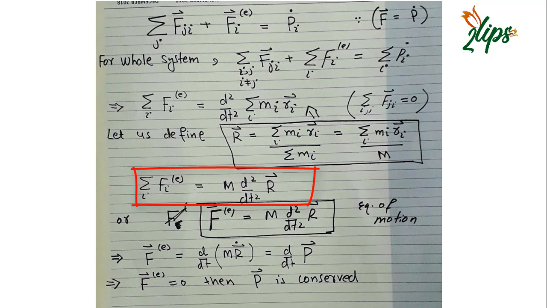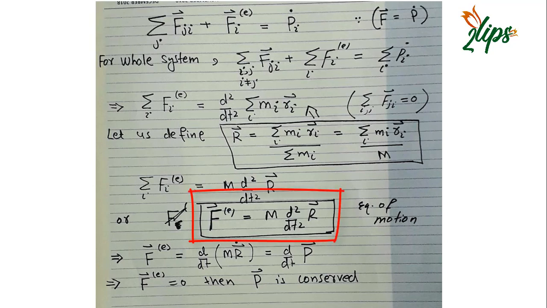And now what is this R? This R is called the center of mass or the center of gravity. It is a point in a system. So the external forces acting on the particles sum to capital F. Then I can write the above equation in this way. The benefit of writing the equation of motion in terms of center of mass is that now we don't have to solve the equation of motion for each and every particle of the system.